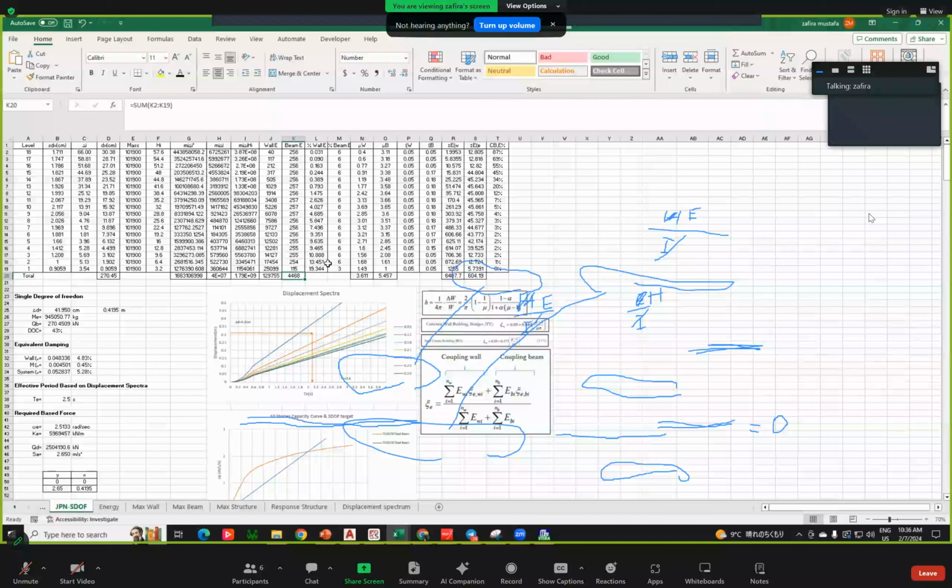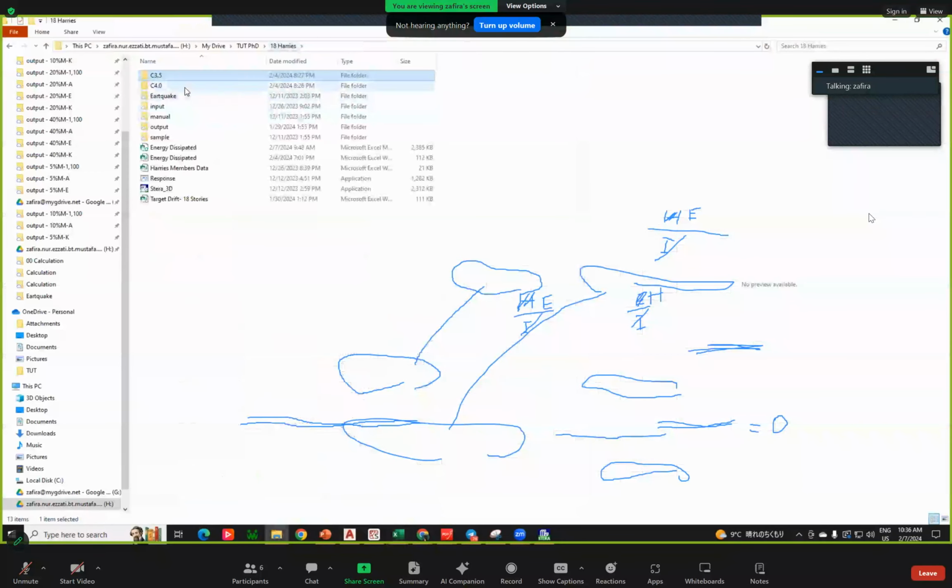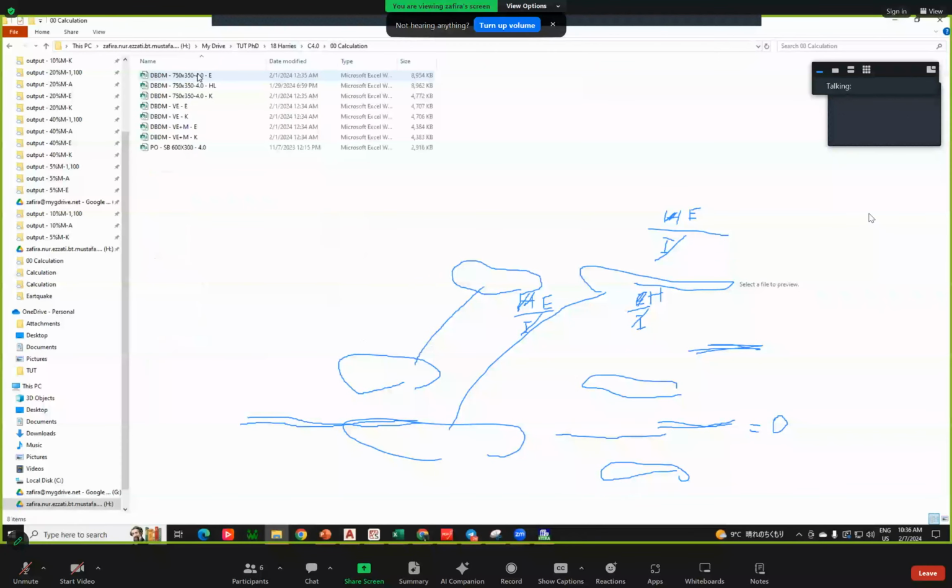So last time when we checked, this coupling beam actually went to flexure. And then if I open, this is the short beam. So it is like this.